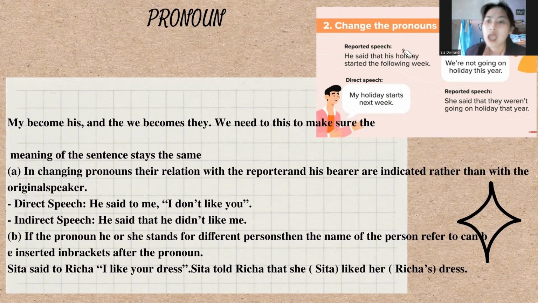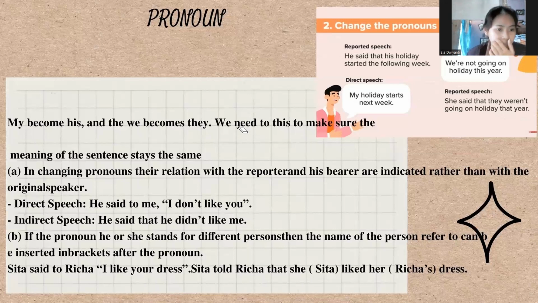And in direct speech, she said we're not going on holiday this year. But in reported speech, she said that they weren't going on holiday that year. My becomes his and we becomes they. We need to make sure the meaning of the sentence stays the same between reported speech and direct speech.